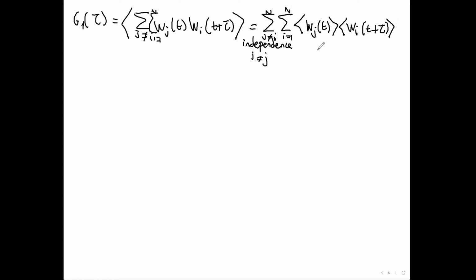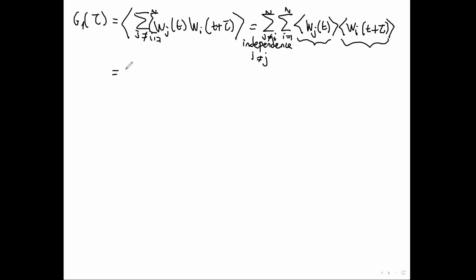Now something very important is that here all the terms are the same because the average of all of them is the same. So this one is equal to this one. And there is also steady state, so it doesn't matter at which time you look, it is the same average. So this will make this sum have a lot of terms that are the same. And how many terms? You have n in one sum, and here you have n minus 1.